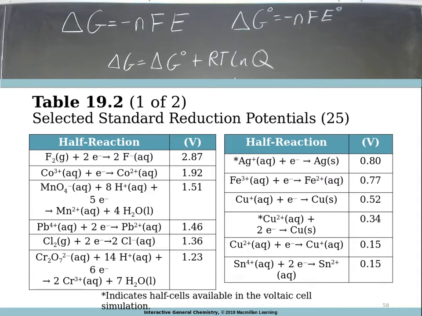That's what we want. Okay, so all of these standard reduction potentials are only applicable under standard conditions. If you wanted to find the voltage of a half cell under non-standard conditions, then you would just look at the number of electrons that are required to perform that reduction. Q for all of these reductions is always the concentration of products over the concentration of reactants raised to their stoichiometric coefficients.